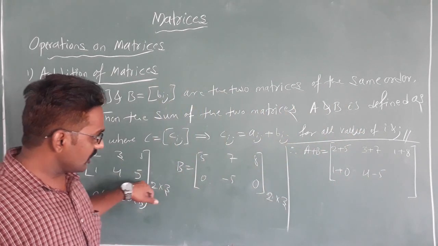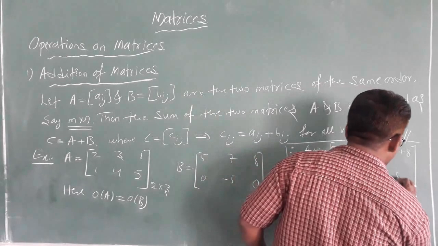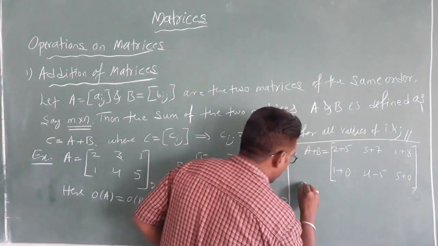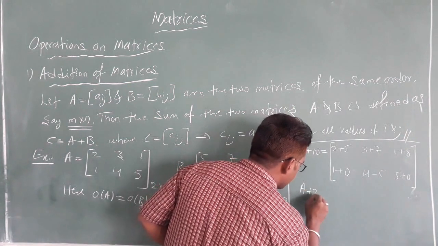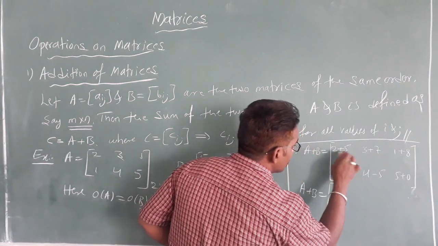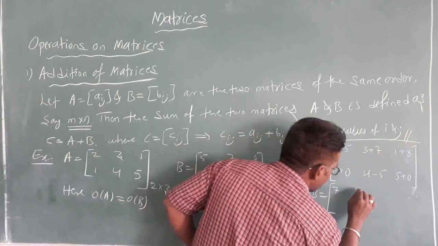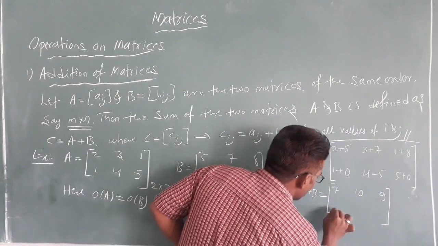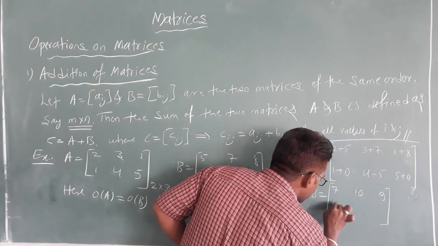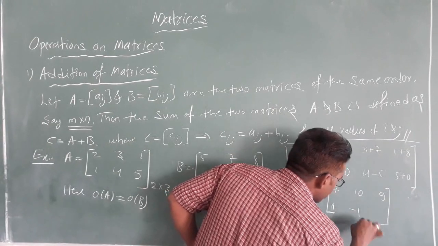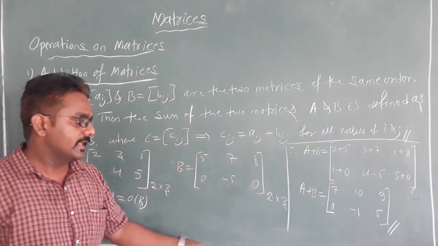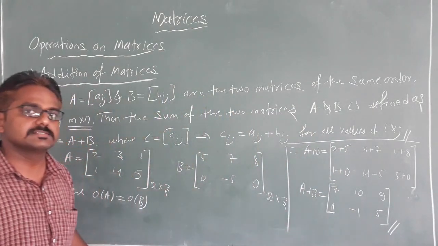Then 5 plus 0. So what is the value of A plus B here? 2 plus 5 is 7, 3 plus 7 is 10, 1 plus 8 is 9, 1 plus 0 is 1, 4 minus 5 is minus 1, 5 plus 0 is 5. This is the addition of the matrices.